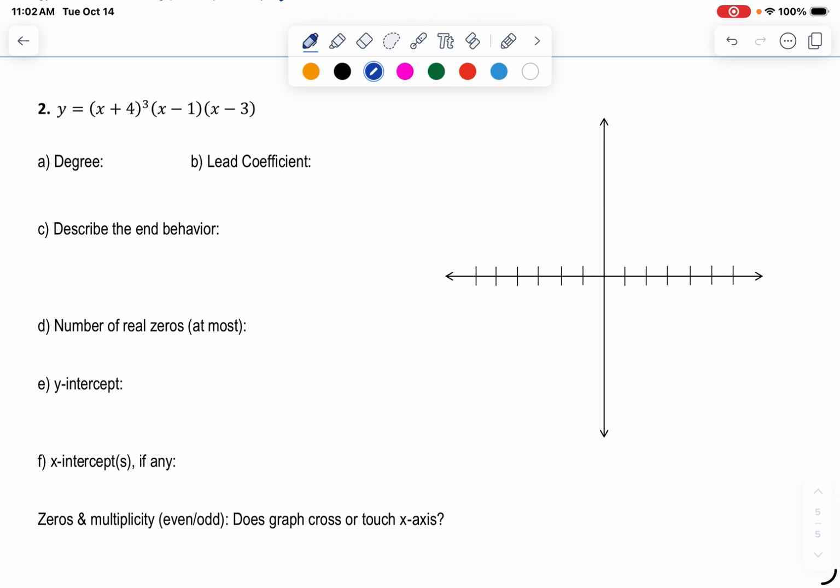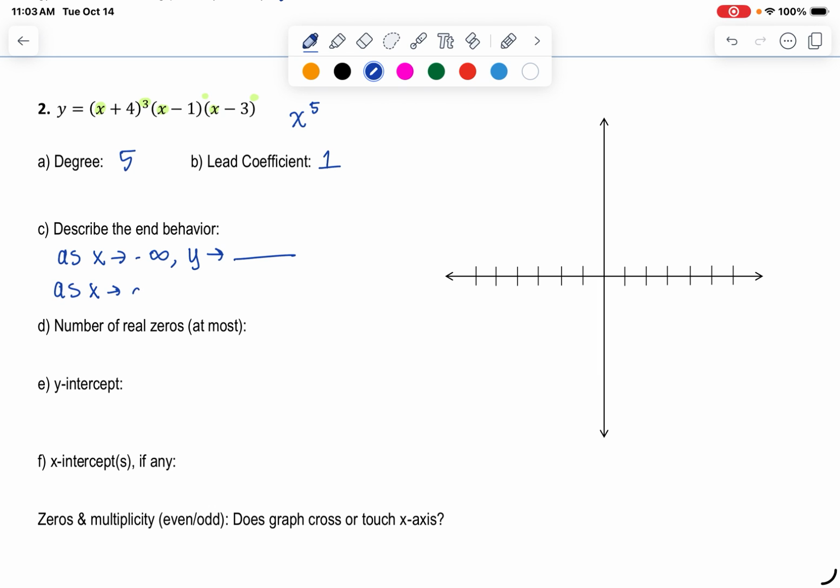This, once again, is not in standard form, so let's multiply out. X to the third times x to the first times x to the first is x to the 5th power. So my degree is 5, my lead coefficient is 1. Describe the end behavior. As x approaches negative infinity, this is y once again, so y approaches something.